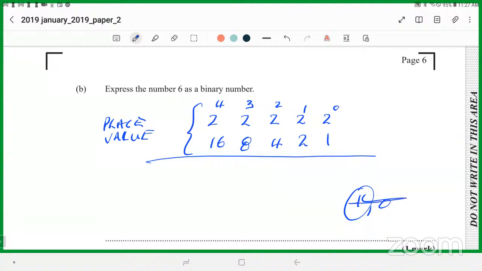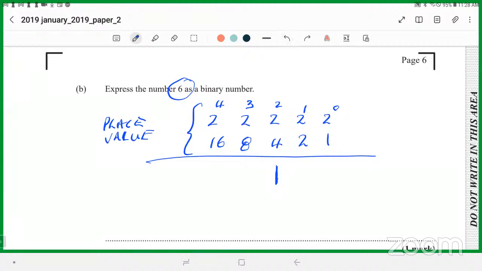So in this case, because I'm doing the number 6, I look for the first number, going from left to right, that 6 can go into, and that is this 4. So it means that I can use the 4 out of the 6. So I'm putting 1 to say that I'm using the 4.